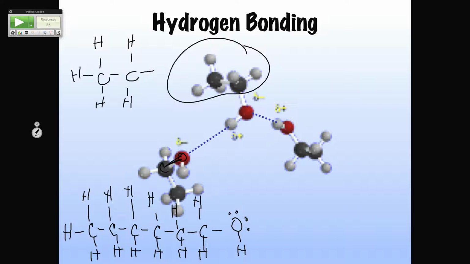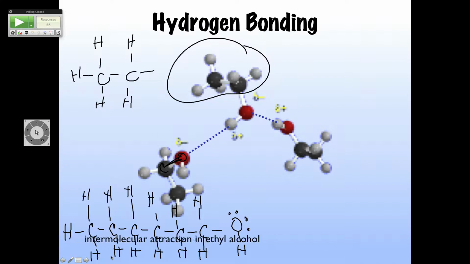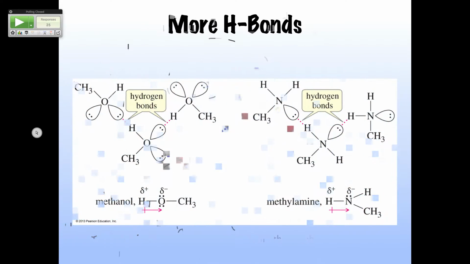And all this area is going to be making those induced dipoles. It's like a noodle with an OH on the end. That makes sense. So you should be able to figure out which ones are higher than others without having to worry about memorizing boiling points. Okay, we'll move on. That wasn't worth it.